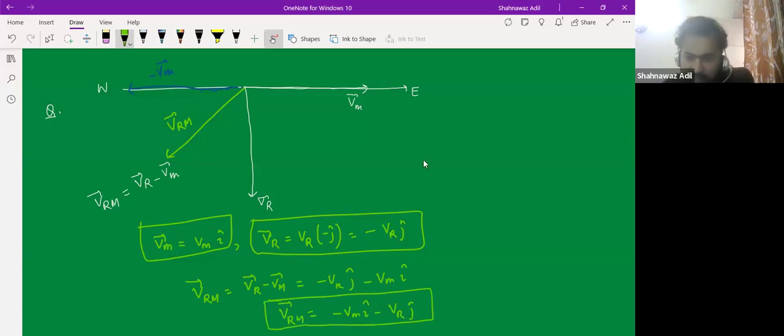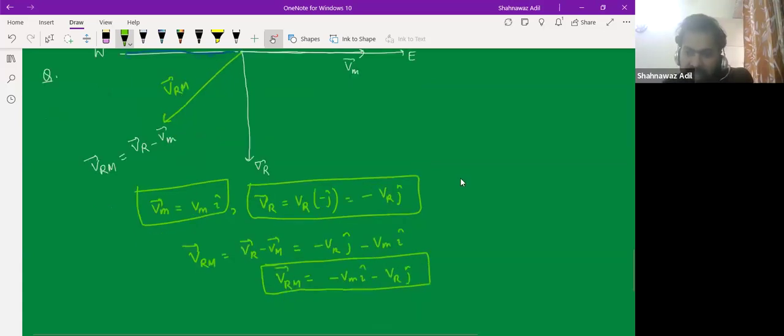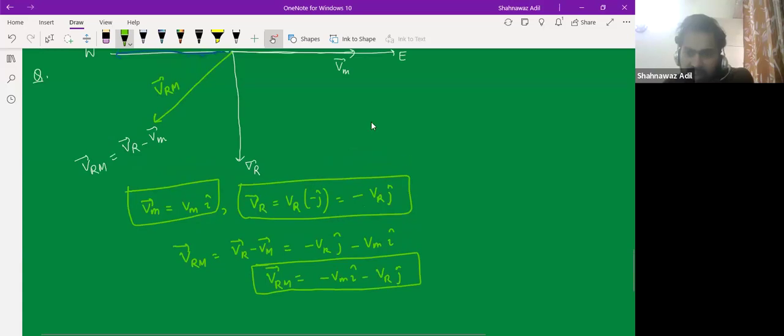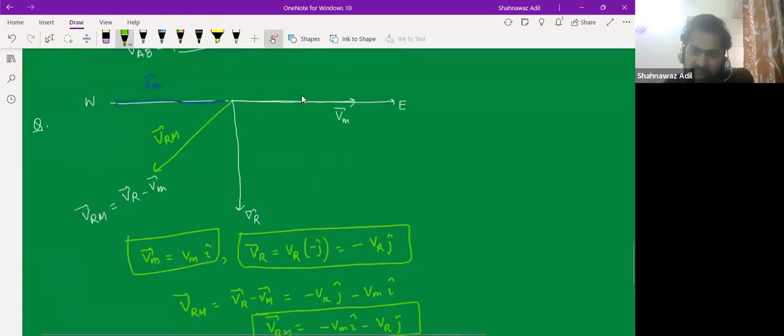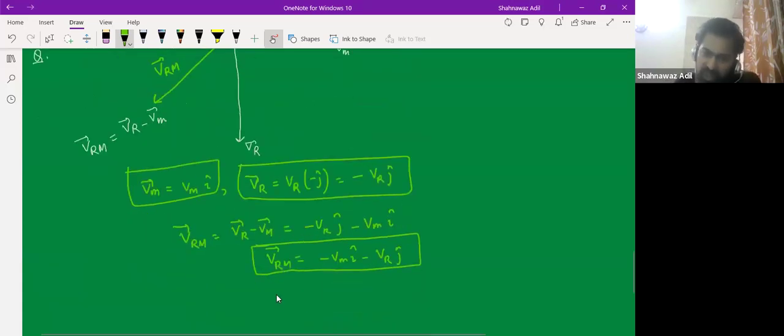And what would be the angle with the horizontal? With the horizontal, this angle would be VR by VM. But if I am taking it with the vertical, this would be simply VM by VR.